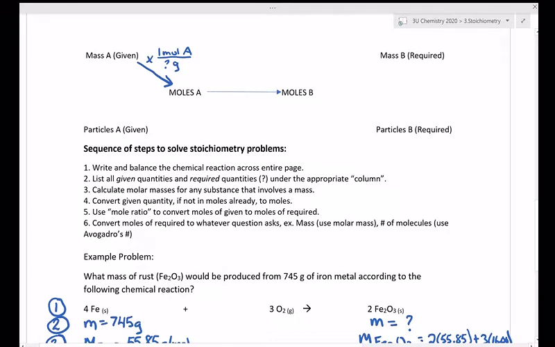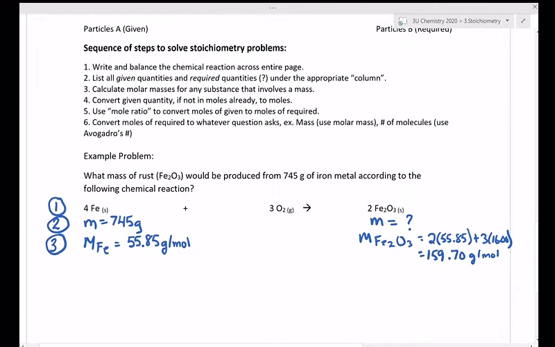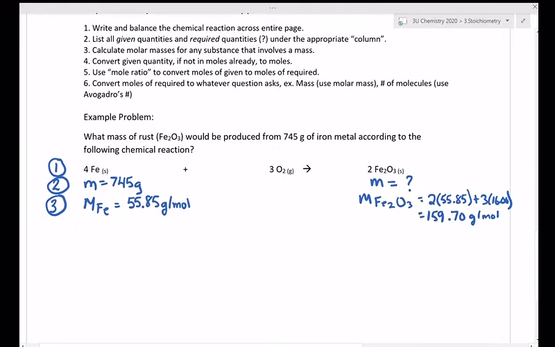Okay, so we're going to now do that step for our question, which is step 4. And it's of the given. So the given quantity, so that is here.